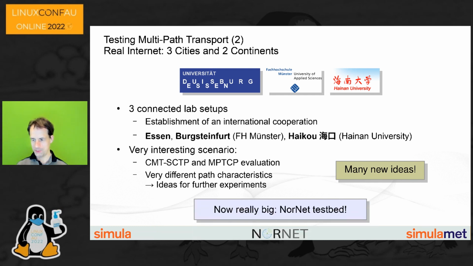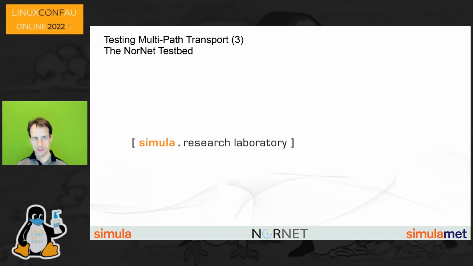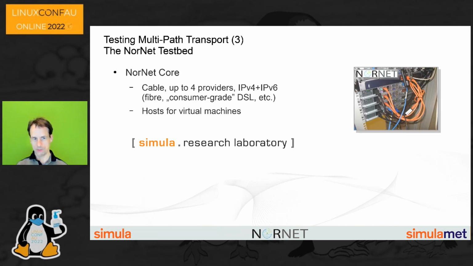And of course, yes, we can. The Simula Research Laboratory in Norway had ideas around creating a testbed setup for multi-homed systems. So they published a job opening. I applied, and a few weeks later, I was moving to Norway to create the NorNet testbed consisting of 2 parts.